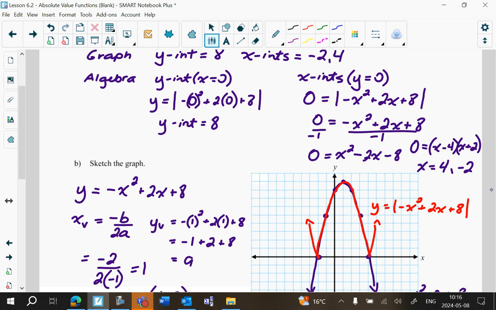So basically for absolute value functions, when you graph them without the bars, it's either going to be a line or a parabola. Put the absolute value bars in by flipping everything below above and keeping everything above the same. And you're done. Okay? Good.